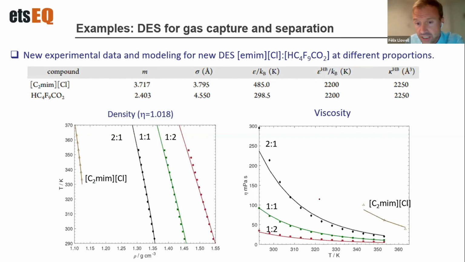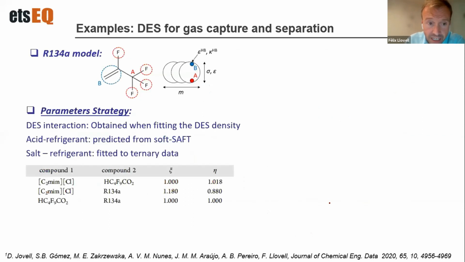And here we have a description of the viscosity, which was also well represented. Then we describe our refrigerant, which is this molecule. This is a very common refrigerant that you will find in your air conditioners and many other equipment, representing the polarity of the molecule, in this case, using two associating sites.